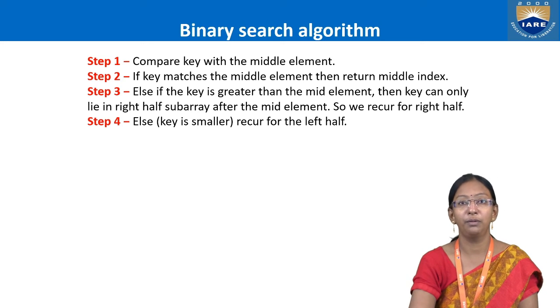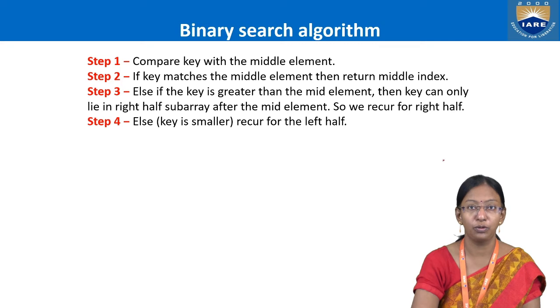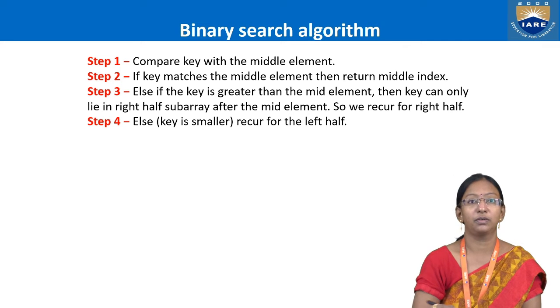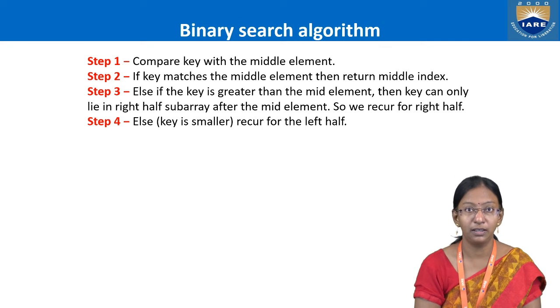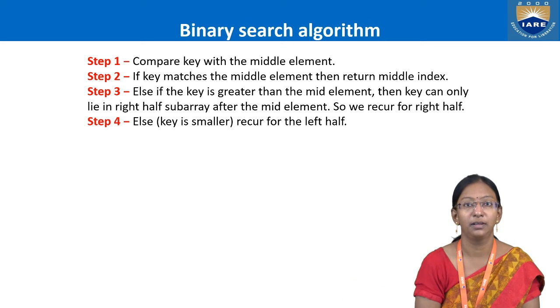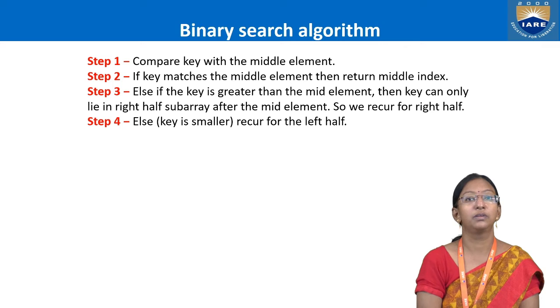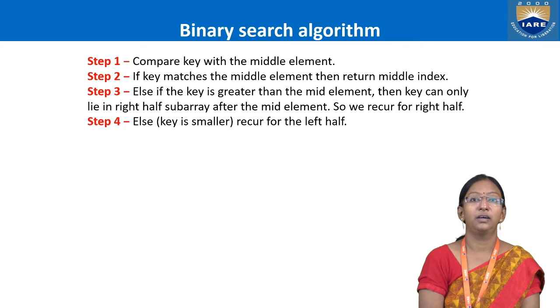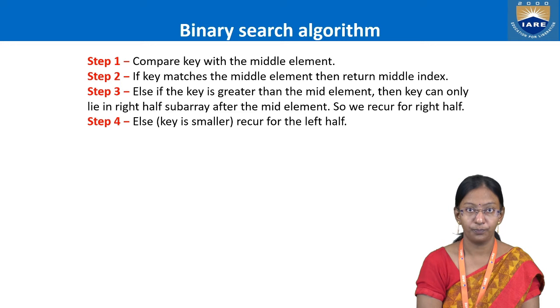Guys, one major important point to remember, the prerequisite. While learning linear search, I used the word random. The elements are scattered randomly, right? But the prerequisite for binary search is that the list you are going to take must be sorted in nature.